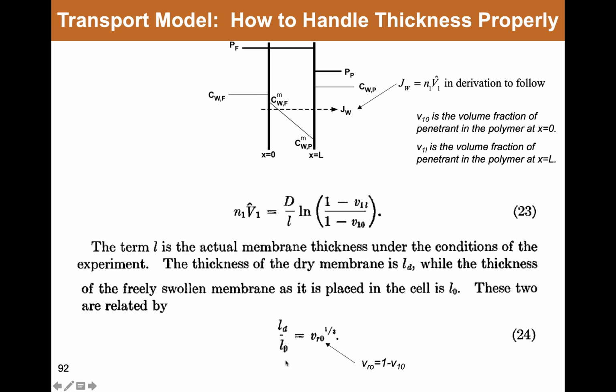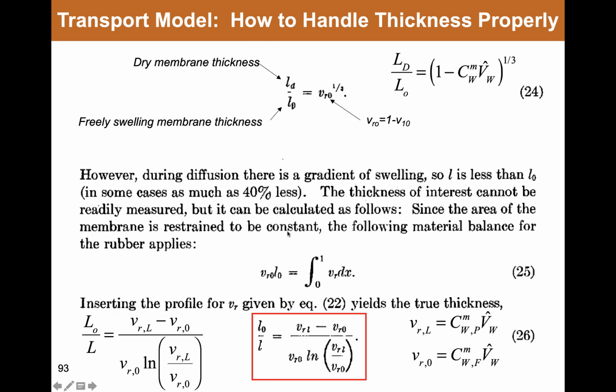Basically, this says that the sample swells isotropically with uptake of solvent. That relates two measurements one can make in the laboratory, the dry membrane thickness and the freely swollen membrane thickness, but it doesn't tell us what the membrane thickness is under the conditions of the experiment. That we have to determine by a mathematical calculation.